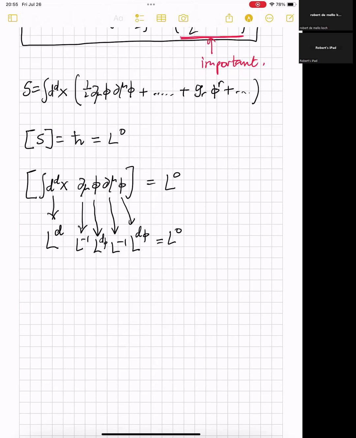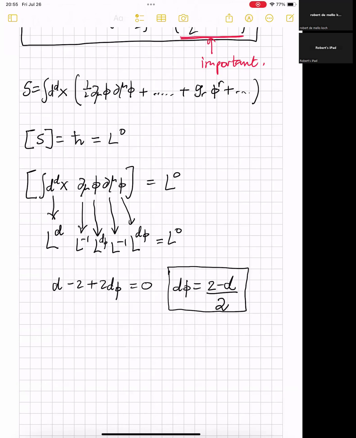Well, clearly, d minus 1, so that's minus 2 plus 2 d_phi, the dimension of the field phi must be equal to 0. And that means that the dimension of the field phi is (2 minus d) divided by 2. Okay, so that is what the field is. It's L to the (2 minus d) over 2. Good.